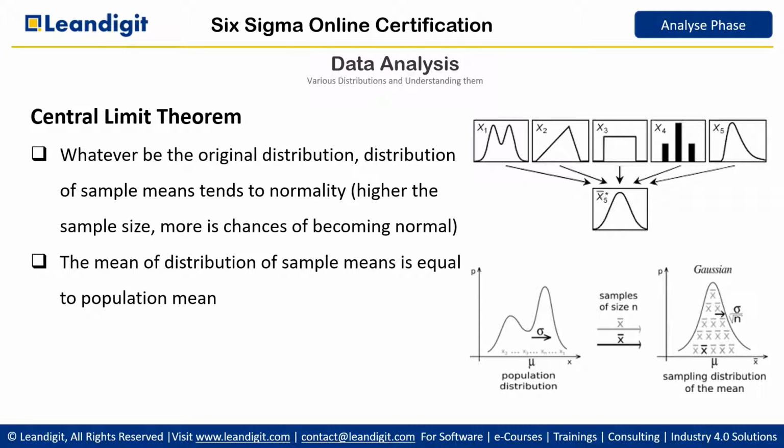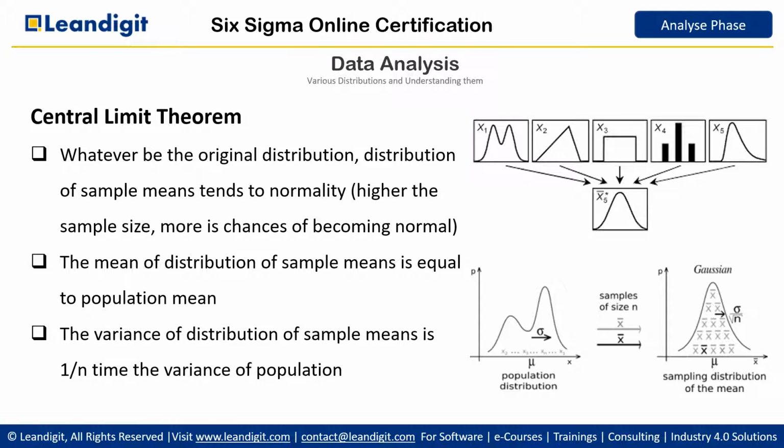As we know, the normal distribution is defined by two parameters, mean and standard deviation. The mean of this distribution of sample means will be equal to the population mean, and its variance will be 1 by n times that of the population. That means standard deviation is sigma by root n.